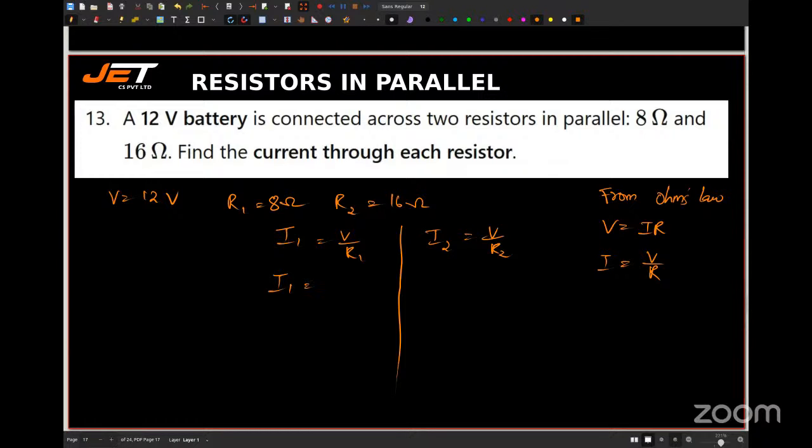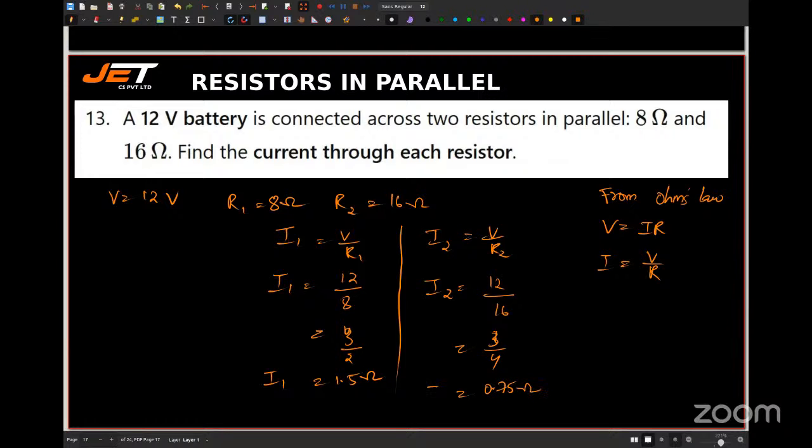I1 is equal to 12 by 8, which is equal to 3 by 2, which is 1.5. And what is I2? 12 by 16, which is equal to 3 by 4, which is 0.75.